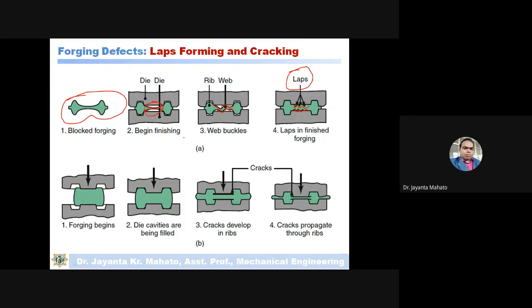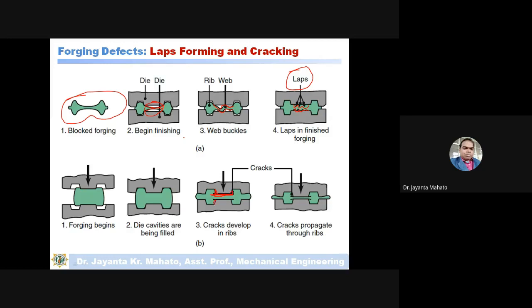Another defect is also due to improper flow of the material. In this case a crack may be generated, mainly at the corner of the die, where the die makes an angle.